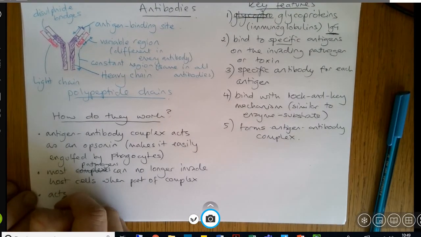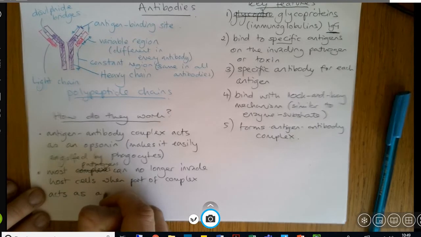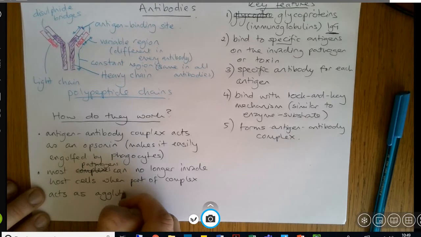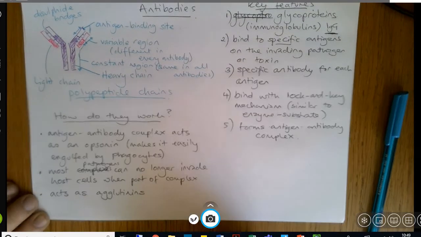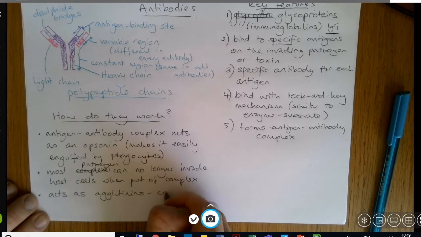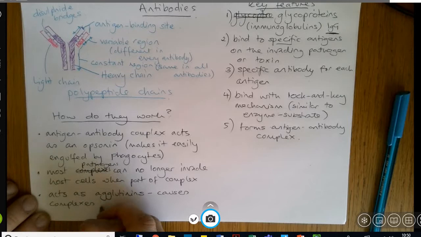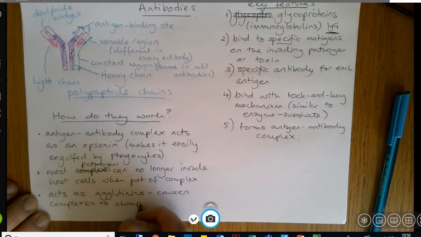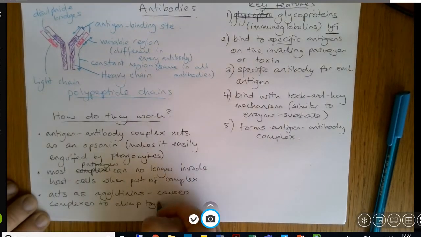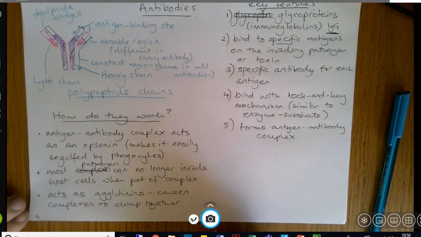They also act as something called an agglutinin, and what that does is it causes the complexes to clump together. It just makes it easier for the phagocytes to work.